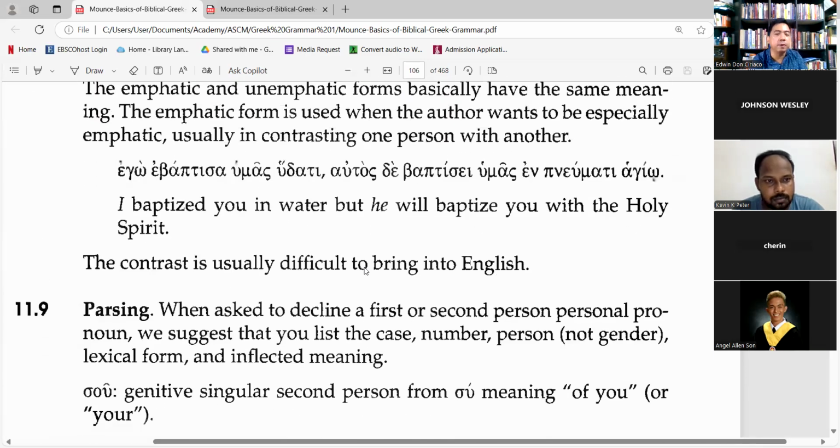This is an example. Alan, can you read this? Yes, sir.